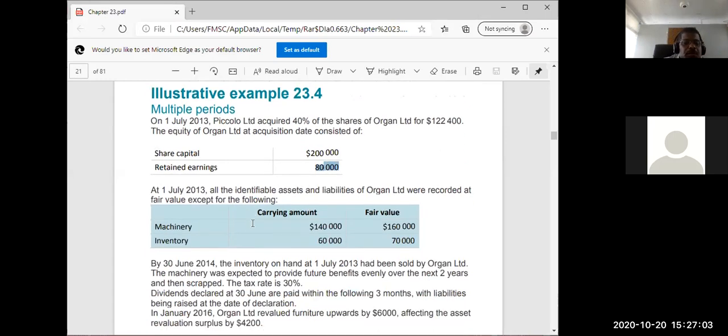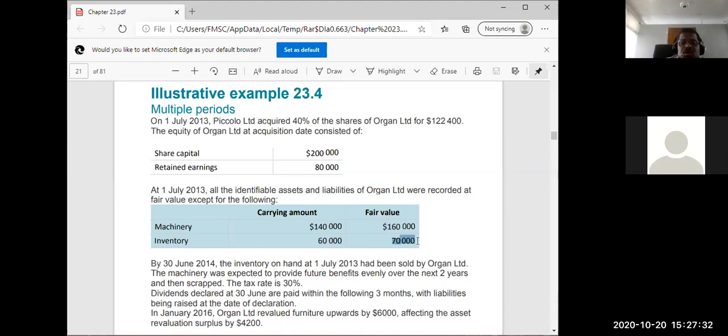Then further information on 1st July 2013: there are identifiable assets and liabilities which are not recorded at fair value. So we need to bring in the fair value into the books instead of this carrying value. Instead of this, we have to bring this, and instead of this 60,000, we have to bring this 70,000.